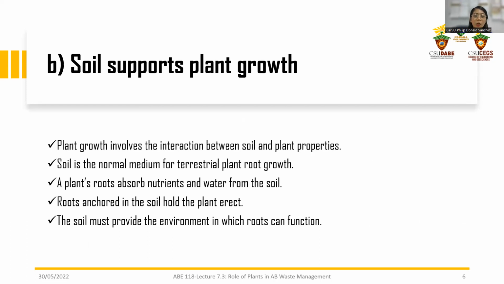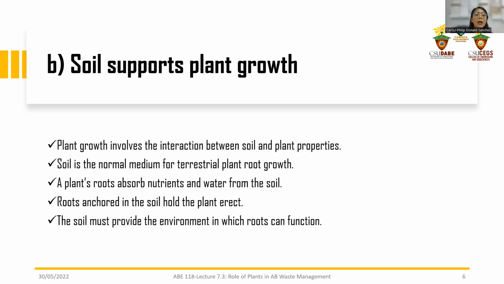That is why we should know and use the resources we have to supply nutrients to our plants without harming the environment, like manure, which has great potential for plant growth and also for the soil. Plant growth involves the interaction between soil and plant properties. Soil is the normal medium for terrestrial plant growth.